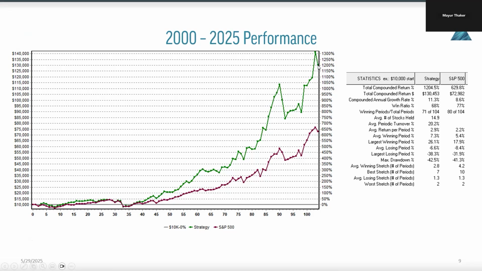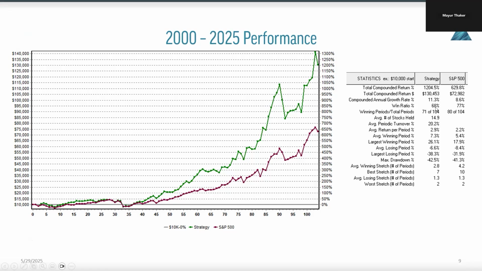This has been quite an eye-popping result here. If you were to simply follow this algorithmically without any thinking, without any other adjustments, your return would be double the market's return. As you can see here, 1,200% versus 629% over this entire 25-year period.